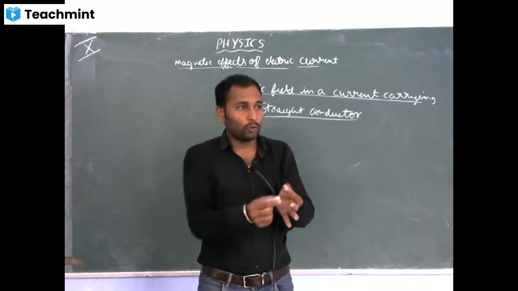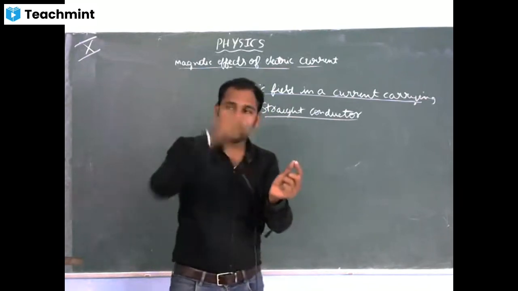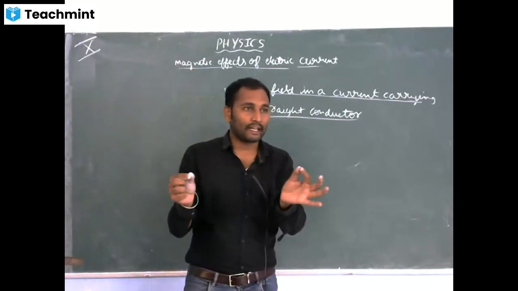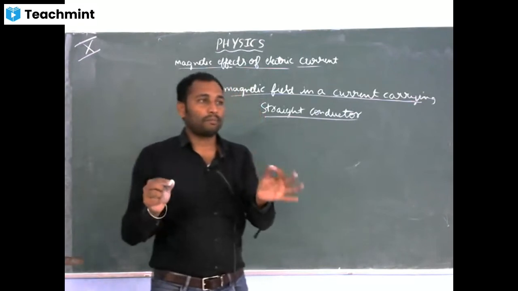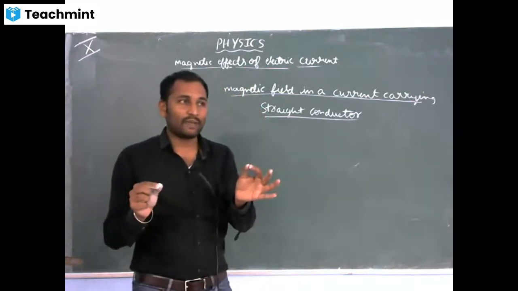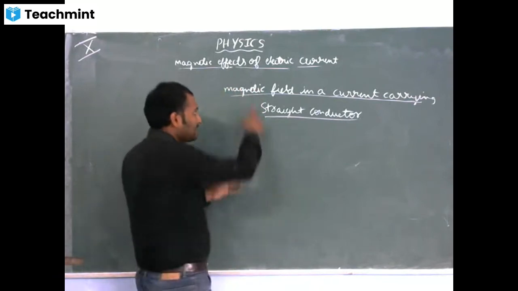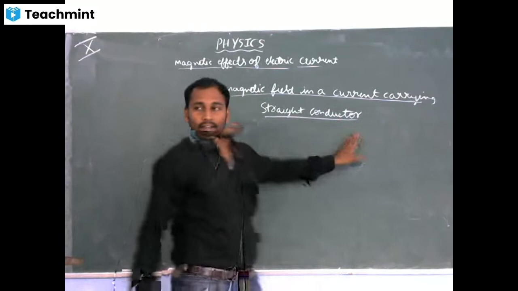Same in the case of loop. So I will rotate the loop, I will take several turns like in the form of helical shape, spring. So there also we will be studying the production of magnetic field as well as magnetic strength. Clear? So first case is magnetic field in a straight conductor carrying current.